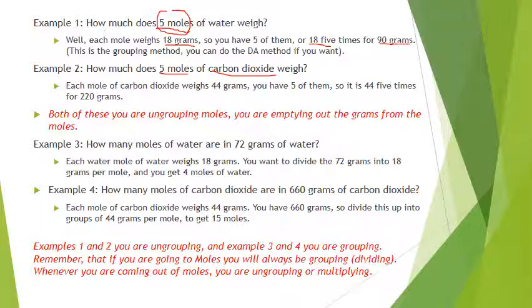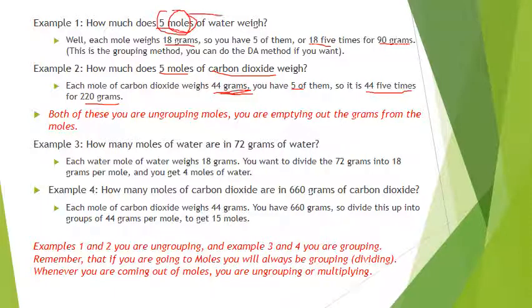This time we're going to have 5 moles of carbon dioxide. If it was amount, the answers would be the same as example 1. But because carbon dioxide weighs differently, you won't come up with the same answer. Each carbon dioxide weighs 44 grams, and you have 5 of them, so you will have 44 times 5, which is 220.